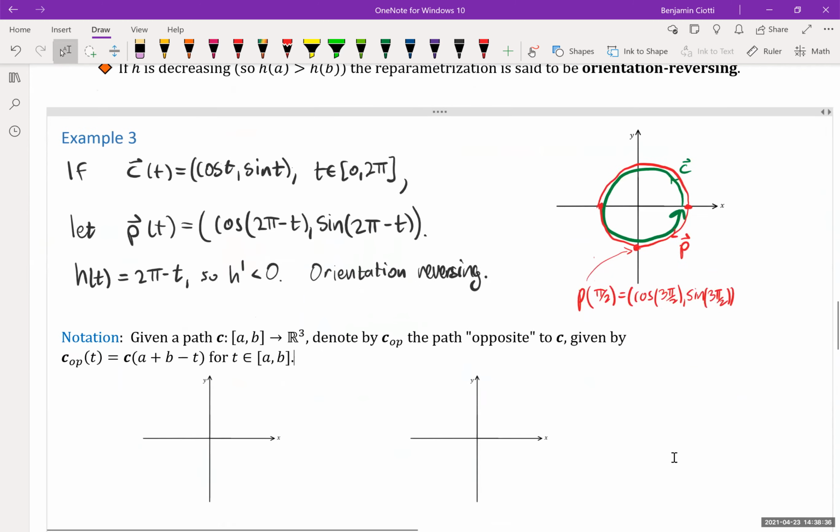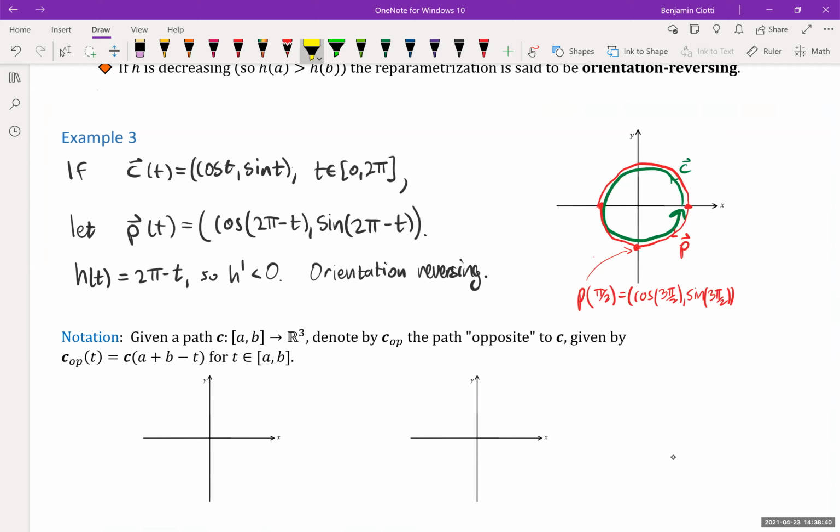And in general, in fact, here's a notation which we will occasionally use. If we're given some path C, then denote by C sub op the opposite path, which starts at the endpoint and ends at the start point.